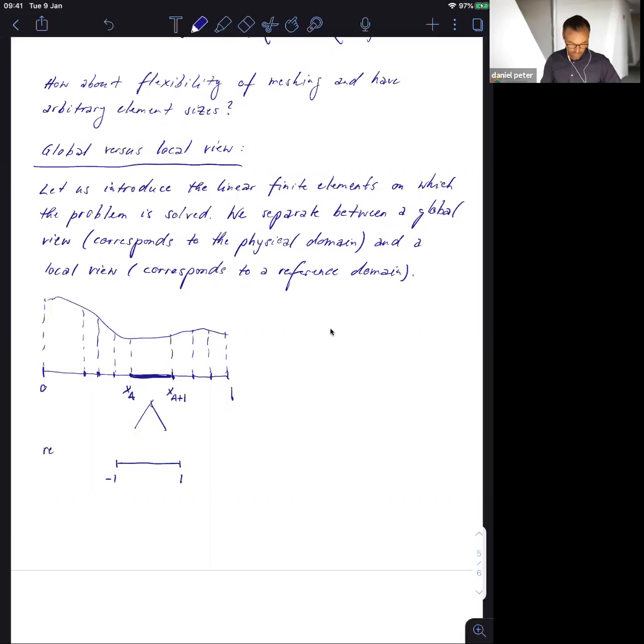That's our reference domain, or our reference element. So now it's a question of what that mapping looks like. How do we have to map each boundary XA and XA plus 1 to that reference domain -1 to 1?